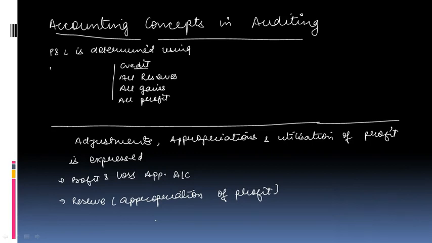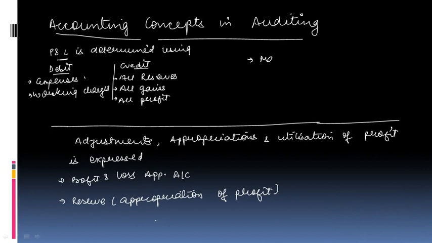Right? And over here you are going to debit all the expenses and working charges for the concerned period. So this is the phenomenon of how one gets a profit and loss figure. So this is considered above the line.